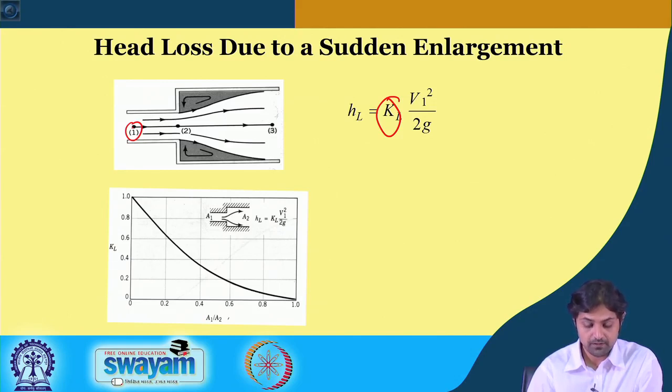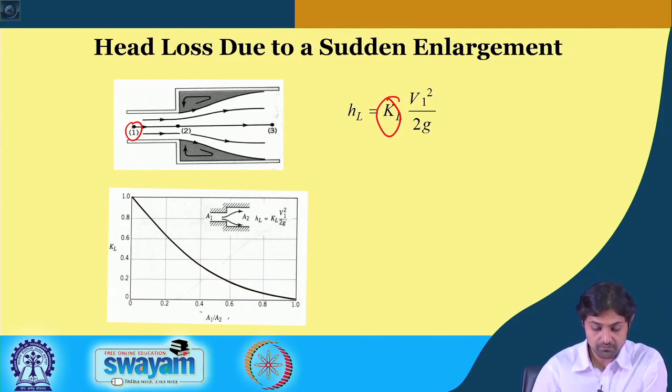Suppose the second area is very large, so A1 by A2 is tending to 0, and therefore, the entire energy will be lost.